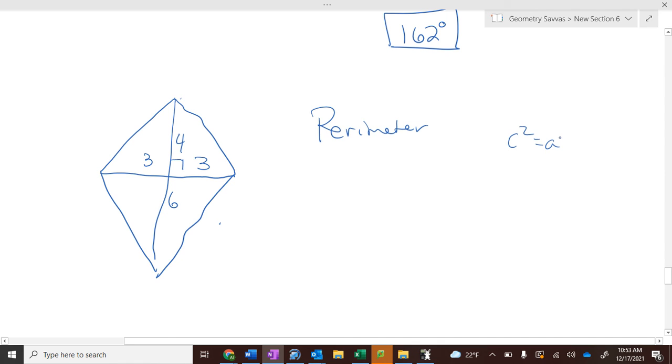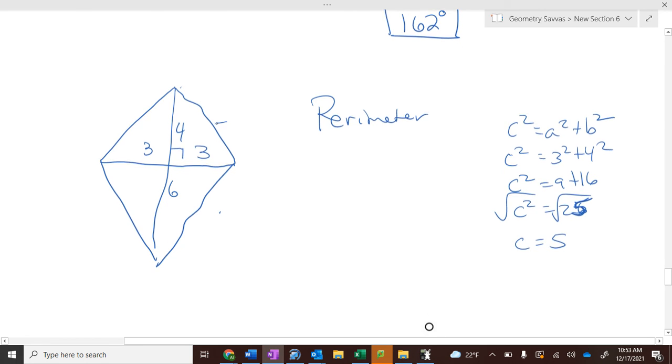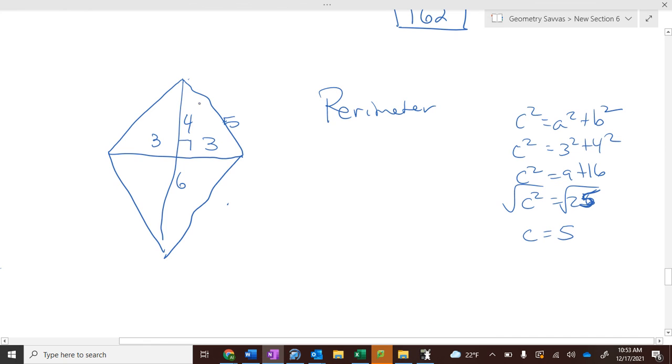C squared equals A squared plus B squared. C squared equals 3 squared plus 4 squared. C squared equals 9 plus 16. C squared equals 25. Take the square root, C equals 5. So each of these are 5.